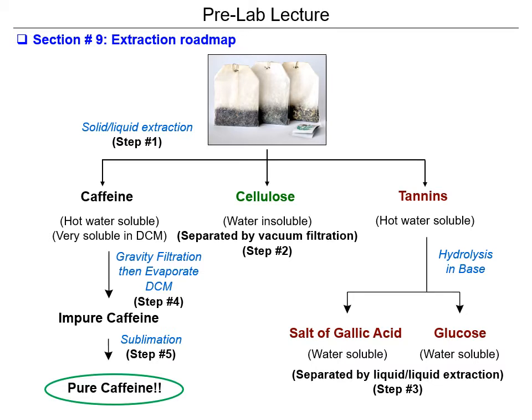The filtrate collected will then be subjected to a liquid-liquid extraction as step number 3 in our experiment. The product obtained from step 3 will then be dried, gravity filtered, then evaporated of any organic solvent, step number 4, giving impure caffeine solids. Finally, the impure solid will be sublimed in step number 5, giving purified caffeine crystals.